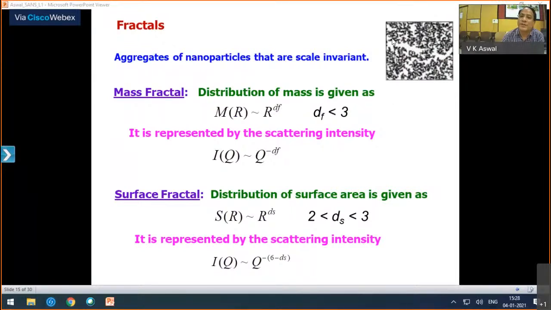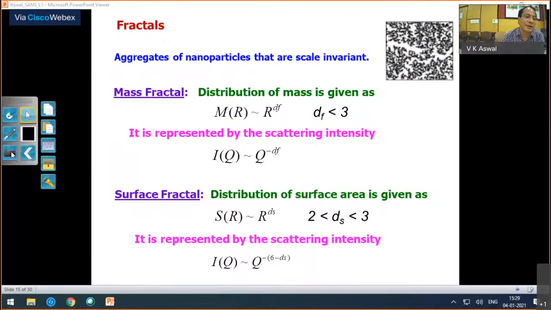Whatever concepts I was telling you were for particles dispersed in a medium. Many times these particles aggregate, and if this aggregation is self-scale invariant, they are often treated as fractal structures. In the case of mass fractals, your distribution of mass does not go as r to the power 3 but less than 3.